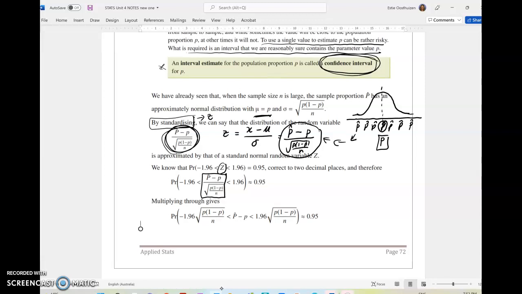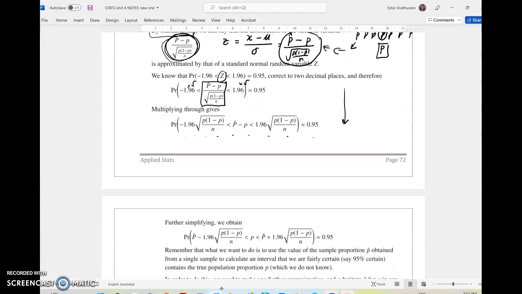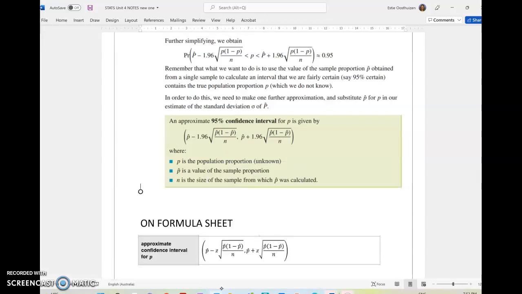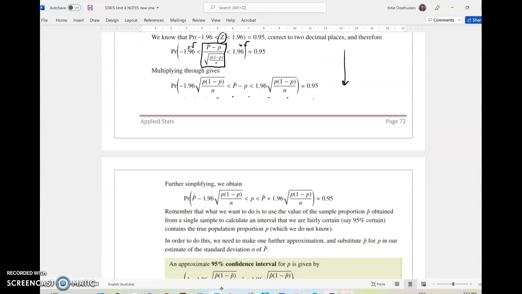And now we're just going to do a little bit of algebra, and we're going to multiply both sides by the square root. So we multiply by the square root here, and we multiply by the square root here, and that brings you to this expression here. And then we're going to do a little bit more algebra, and we are going to take the p hat to both sides, so move it across, and then we're left with a negative p.